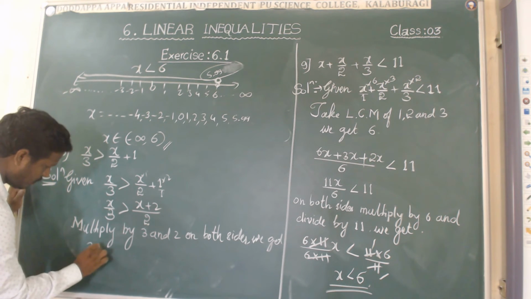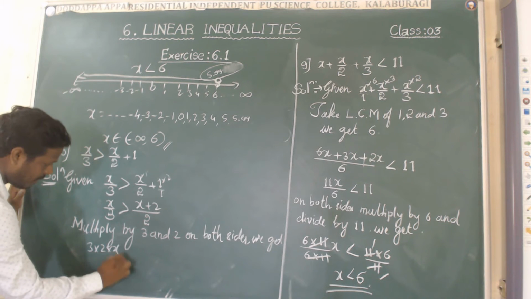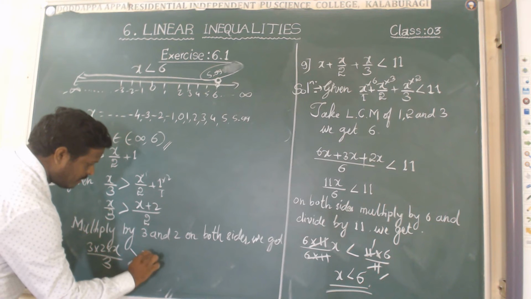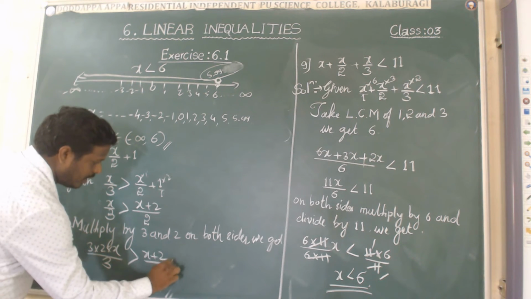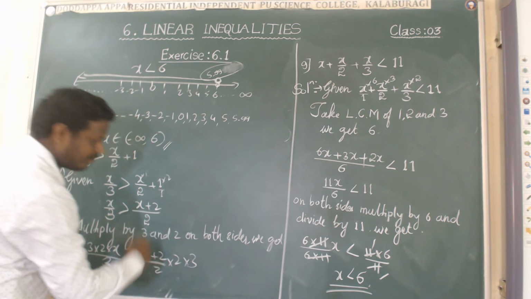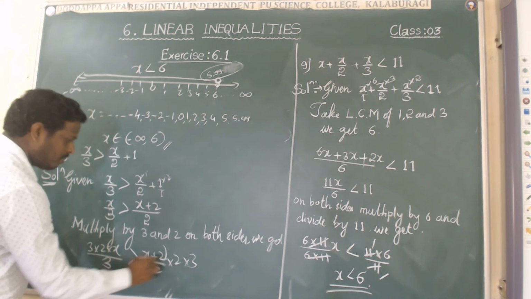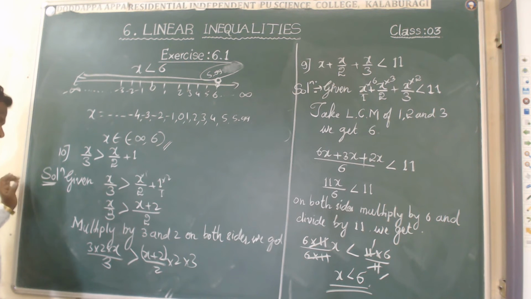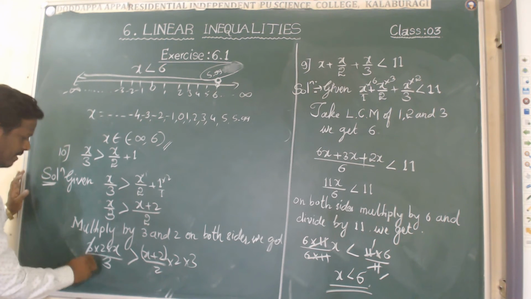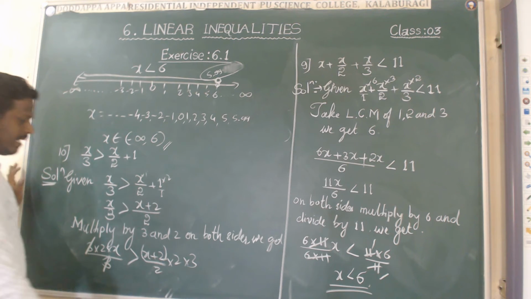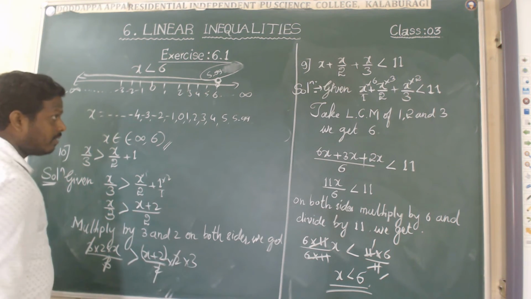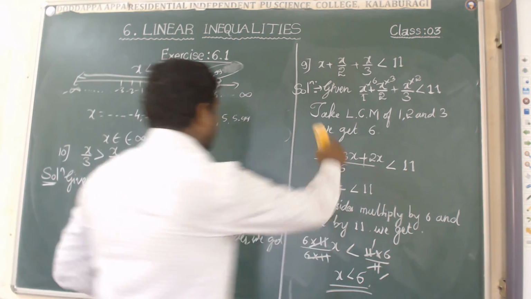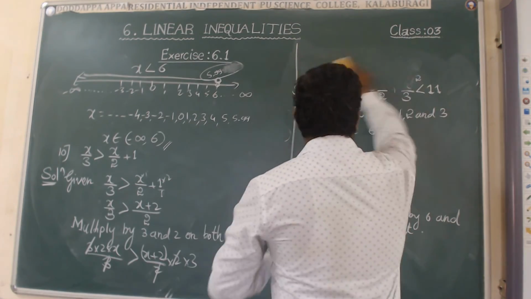So 3 into 2 into x divided by 3 is more than x plus 2 divided by 2, into 2 into 3. Getting my point? We have to write inside the bracket because 2 terms are there now. Okay, now simplify. 3 cancels with 3 on this side, and here 2 cancels with 2. What is left we have to write there? Okay, I am writing this here, that continuous part.